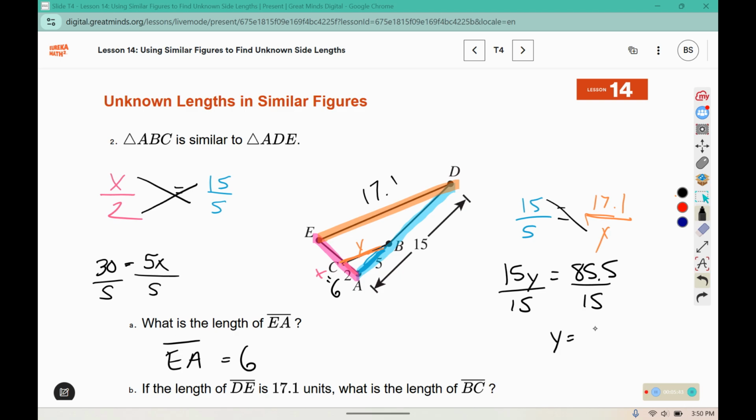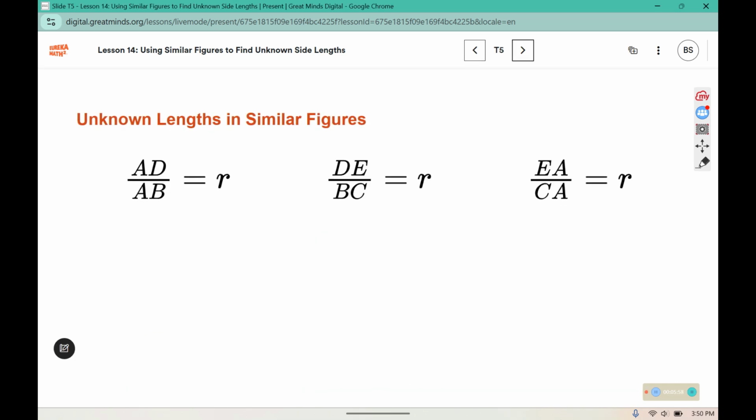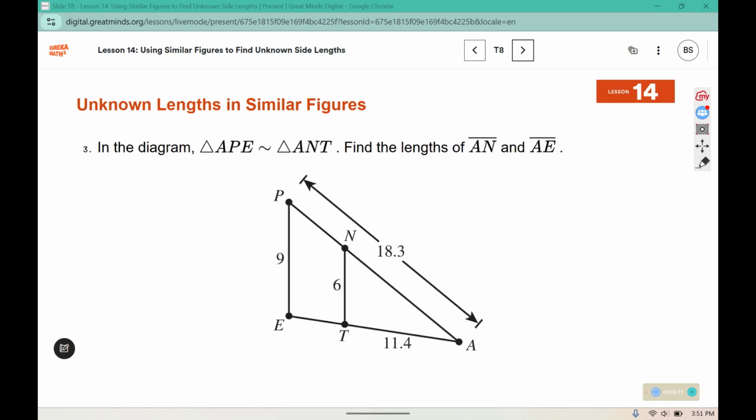And that gives us y is 5.7, which is BC. So this is just showing you that all of the side lengths paired up create that same scale factor r. And when I say same side lengths, I'm talking about ones that are corresponding to each other, ones that get paired together.